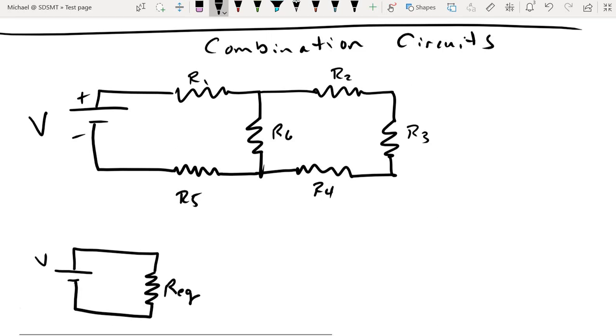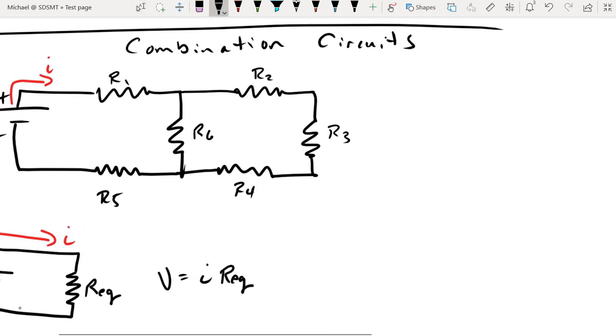And if I can do that, then my work becomes a lot easier, because then I can use Ohm's law to relate the current coming out of the battery to that one equivalent resistor. And that would be very helpful to me to know how much current is coming out of the battery, because then I can start stepping through this larger circuit expression and start figuring out what are the values associated with each resistor.